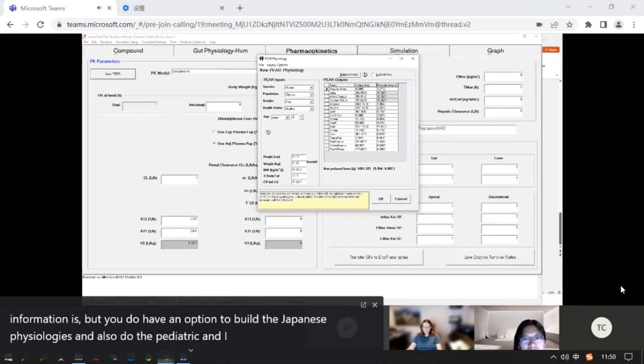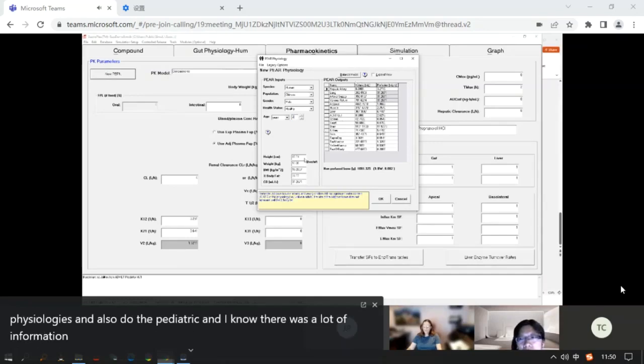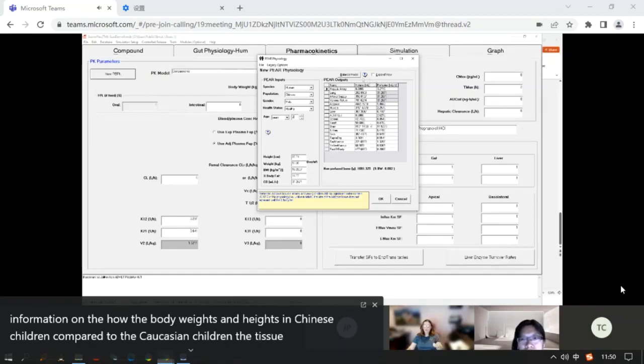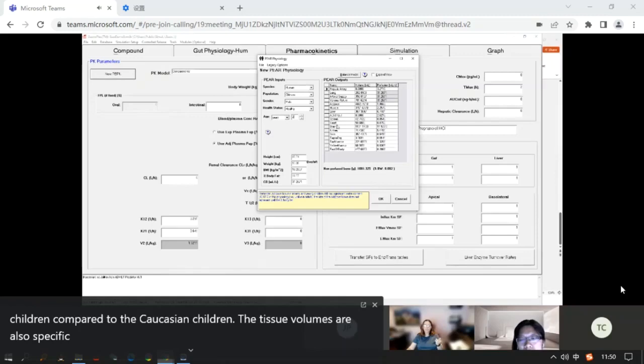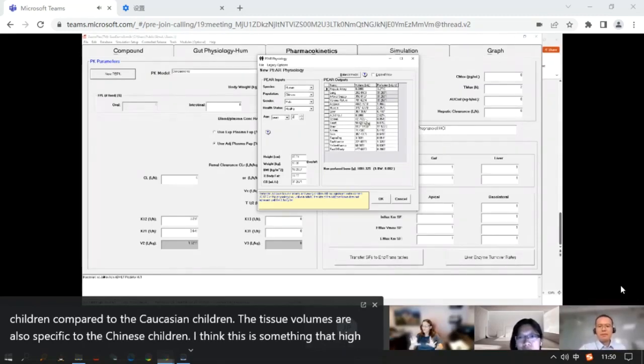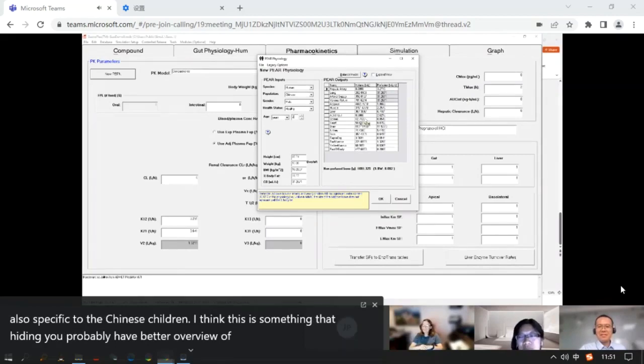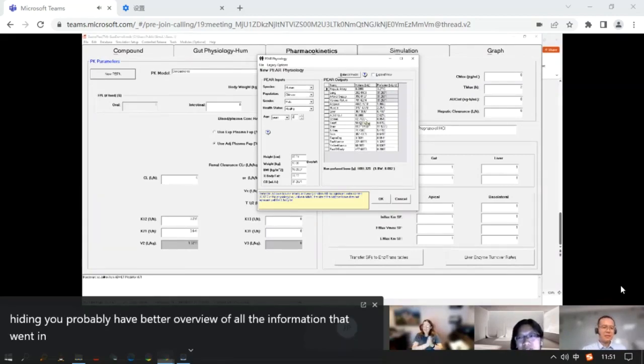And I know there was a lot of information on how the body weights and heights in Chinese children compared to the Caucasian children. The tissue volumes are also specific to the Chinese children. Haiying, you probably have a better overview of all the information that went in. For some parameters, we are borrowing the information from Caucasian children, but a lot of the information is actually specific to Chinese children.